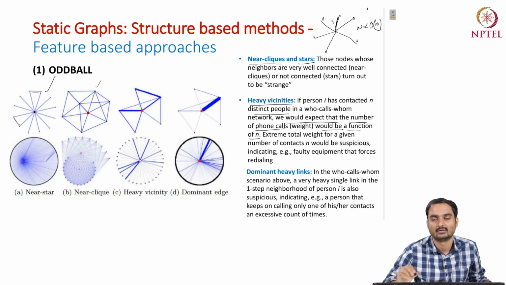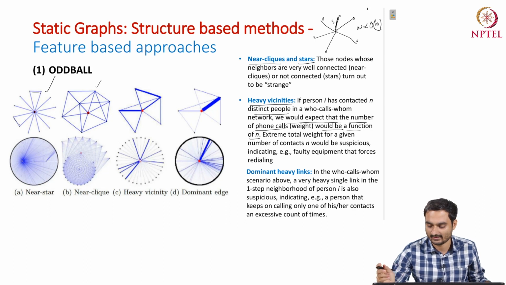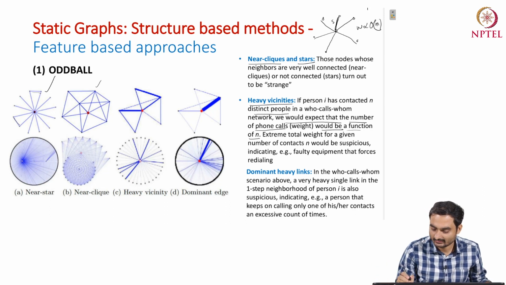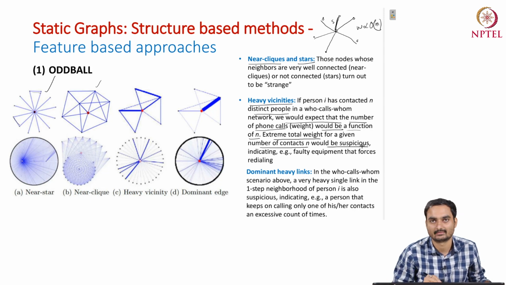N is the number of peripheral nodes, the number of alters, or you can think of it as the number of nodes in the egonet, because n plus 1 is order of n. Then they said that an extreme total weight for a number of contacts n would be suspicious.